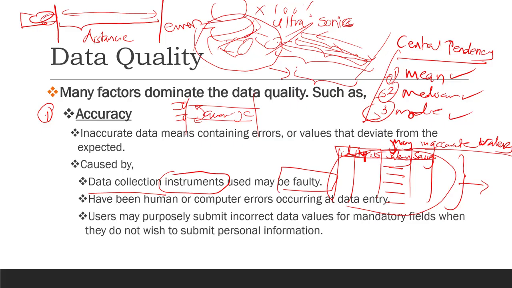Another reason for inaccuracy is while you enter the data. Now there is no error in your IoT component, in your ultrasonic sensor, but you sense this information and pass the ultrasonic sensor data to the cloud or something.